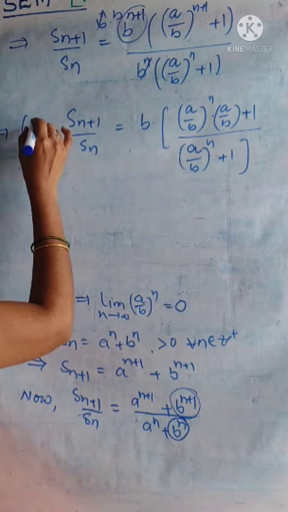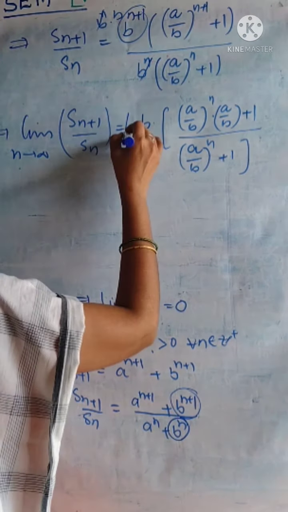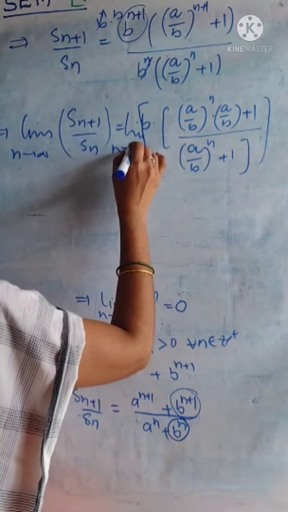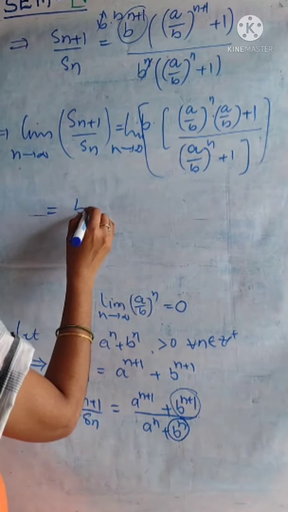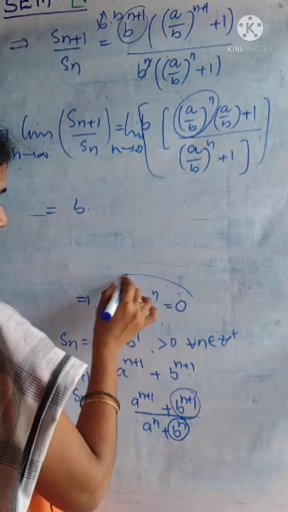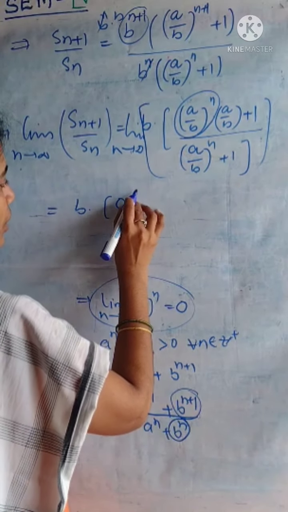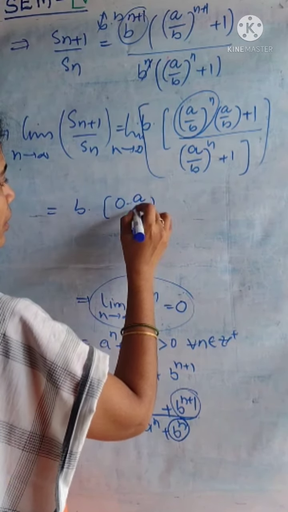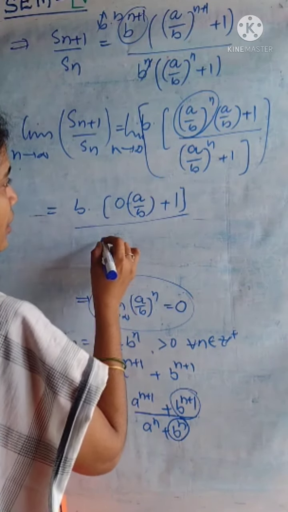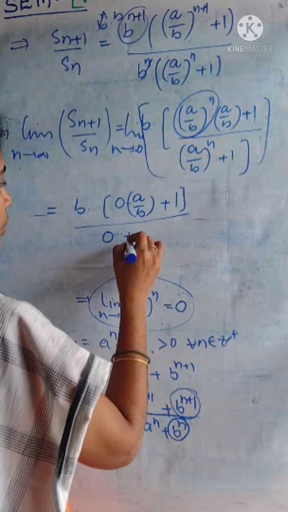Now consider the limit of this ratio when n tends to infinity. This is equal to b times, what is this limit value? Nothing but 0. So 0 times (a/b) plus the limit of 1, which is 1, divided by the limit of (a/b)^n, which is again 0, plus 1.